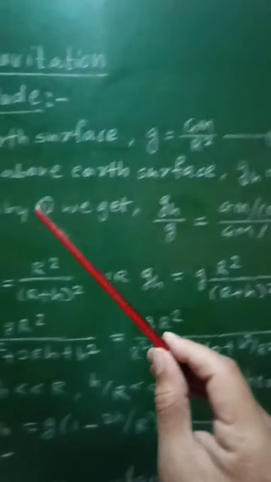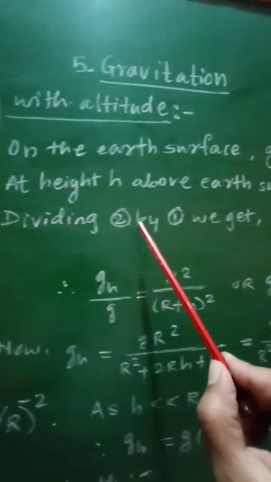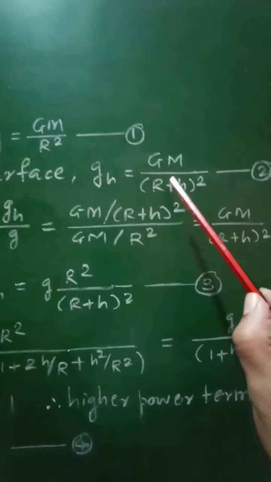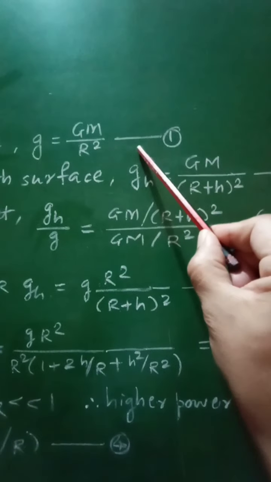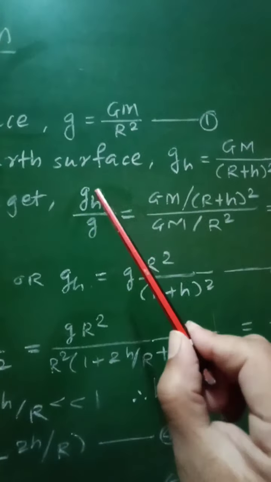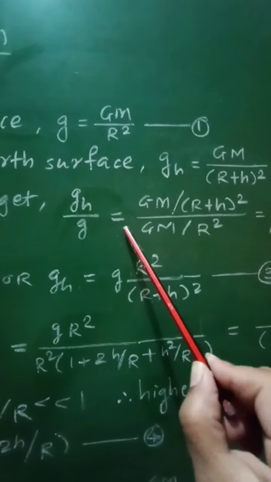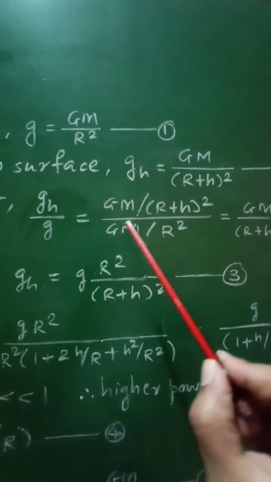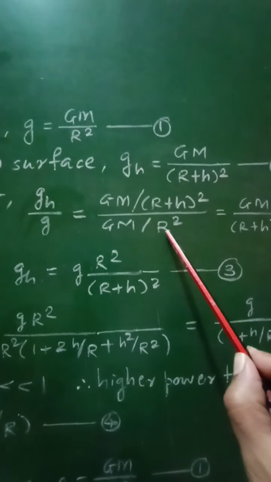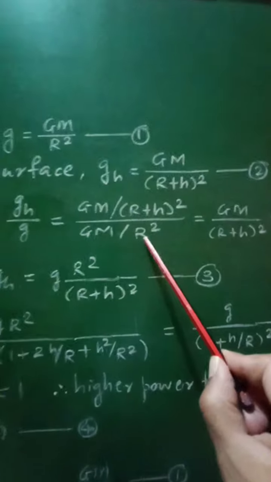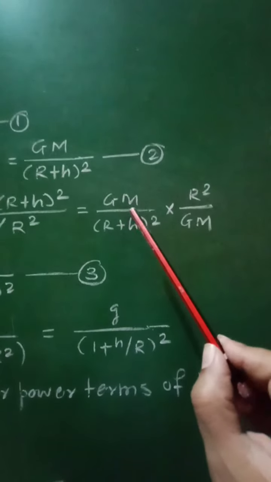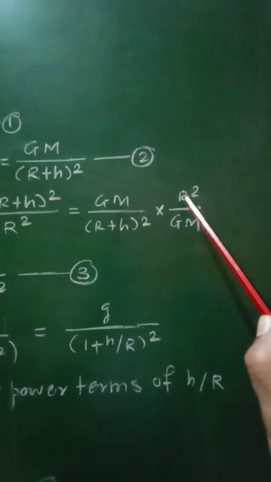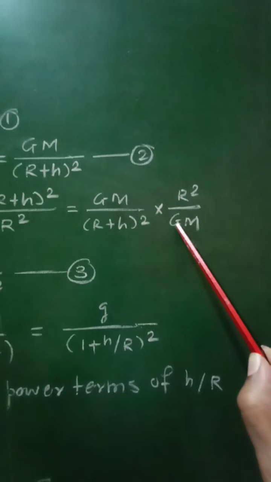Now dividing equation 2 by equation 1 we will get, so we have to take the ratio of the second equation and the first equation. Therefore we will get gh upon g equal to GM upon (r plus h) whole square divided by GM upon r square. In the form of multiplication, it will be written as GM upon (r plus h) whole square into r square upon GM.